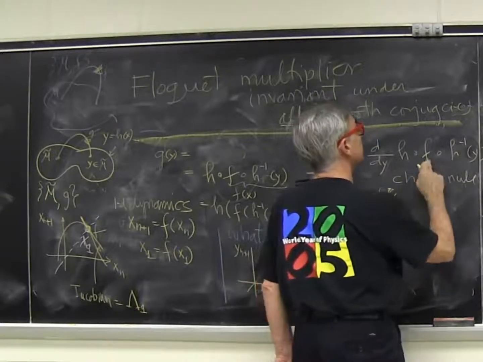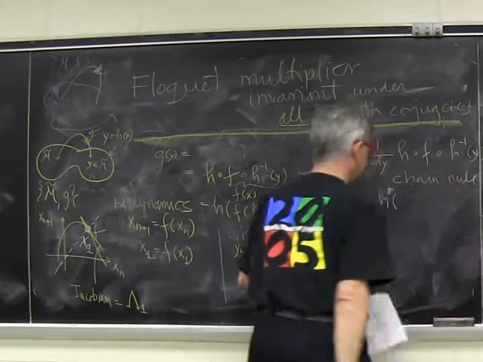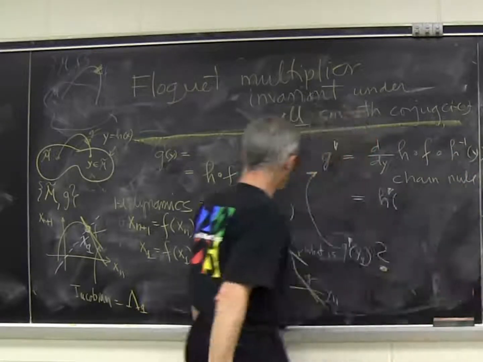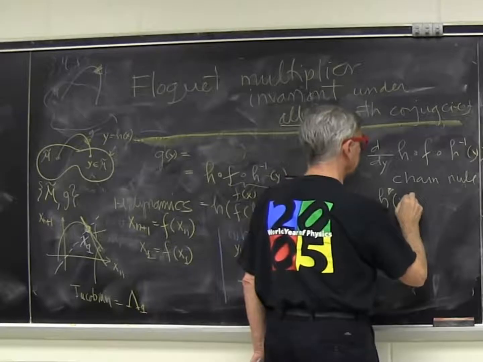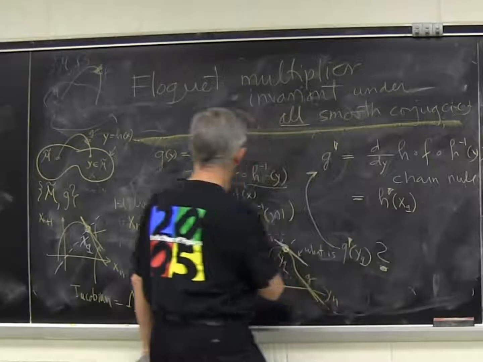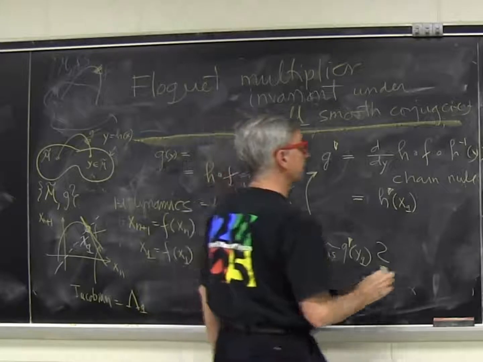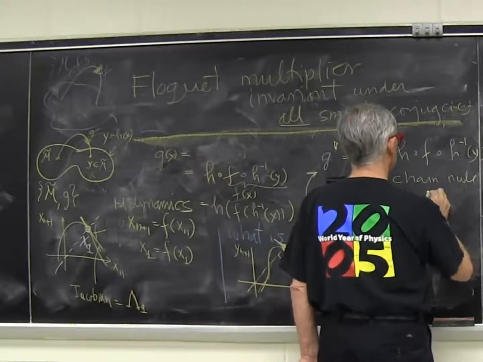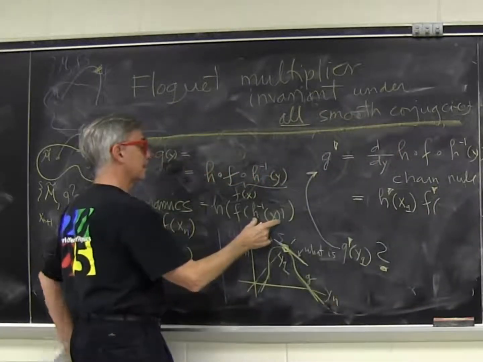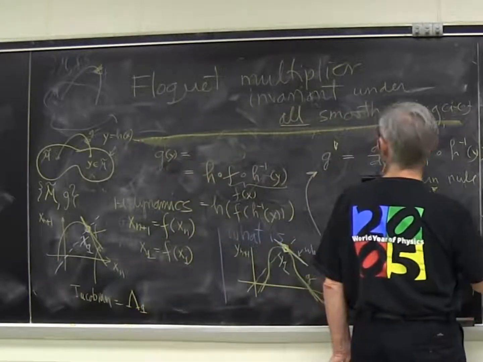Evaluate it at f of x, but I'm at a fixed point, so this is evaluated at x Q. Then this has to be multiplied by, by chain rule, the derivative of f with respect to its argument. So this is f prime evaluated at x, which by definition is x Q, so that's good.